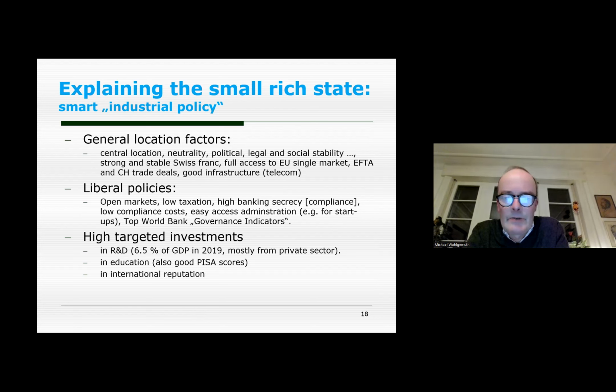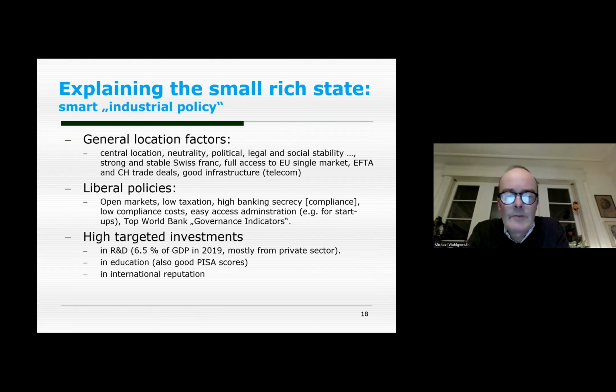In addition to low taxation, a high banking secrecy was a big positive factor for the country. Now it has changed its policy quite remarkably, and now it boasts its high compliance with international standards when it comes to control of banks and also transparency of banking business.